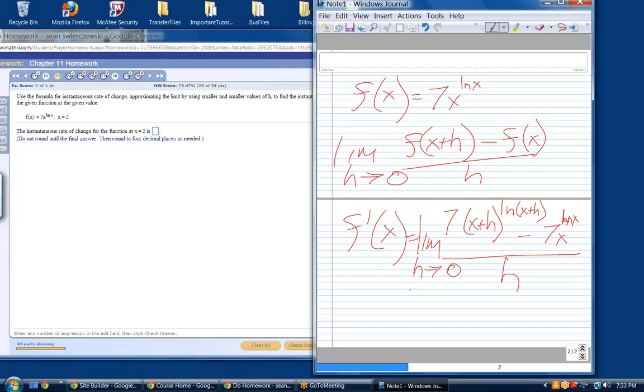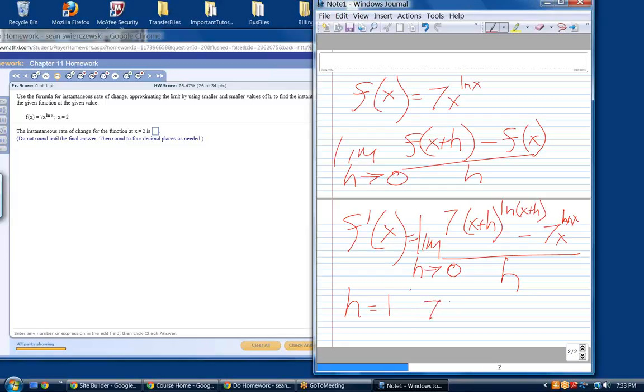Let's start with an h of 1. What is this function evaluated at h equals 1? Well, all I'm going to do is plug in 1.